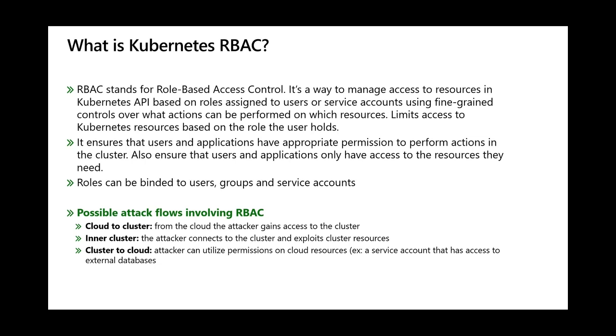And roles can be bound to different entities such as users. So this could be individual humans that need access to the Kubernetes resources, or it could also be Azure Active Directory users. Some examples that you can consider are developers or cluster admins. There can also be groups as well, which is essentially just a collection of users.